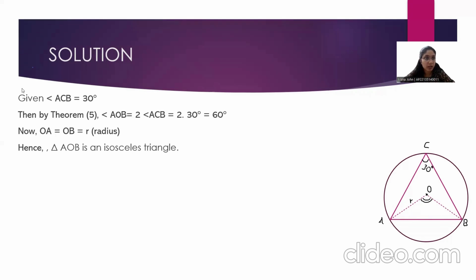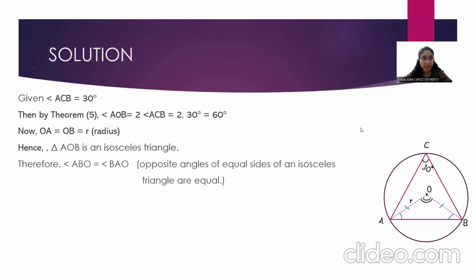Let me mark those angles. Here we can see that these two sides are equal, so this angle and this angle in this triangle will be equal. Let's write that. Therefore, angle ABO equals angle BAO. Is that clear?